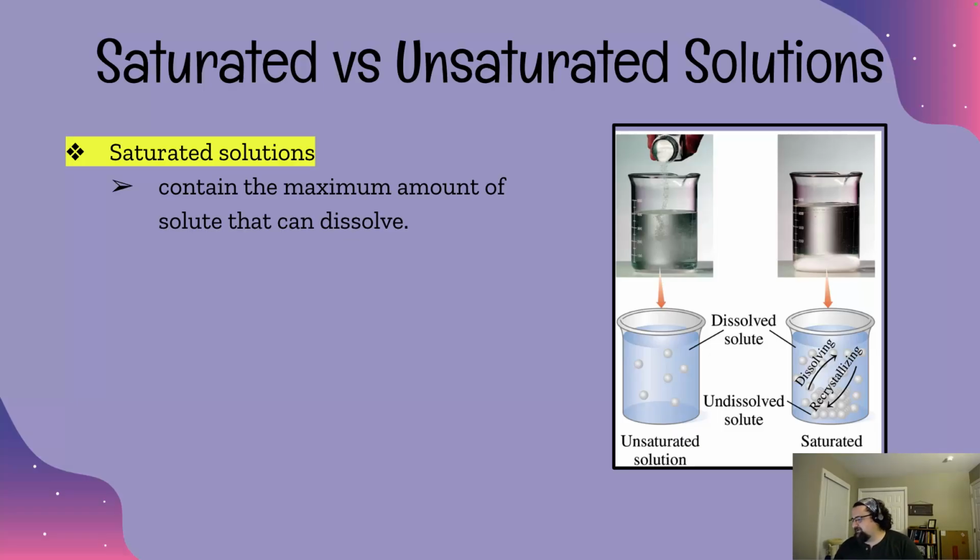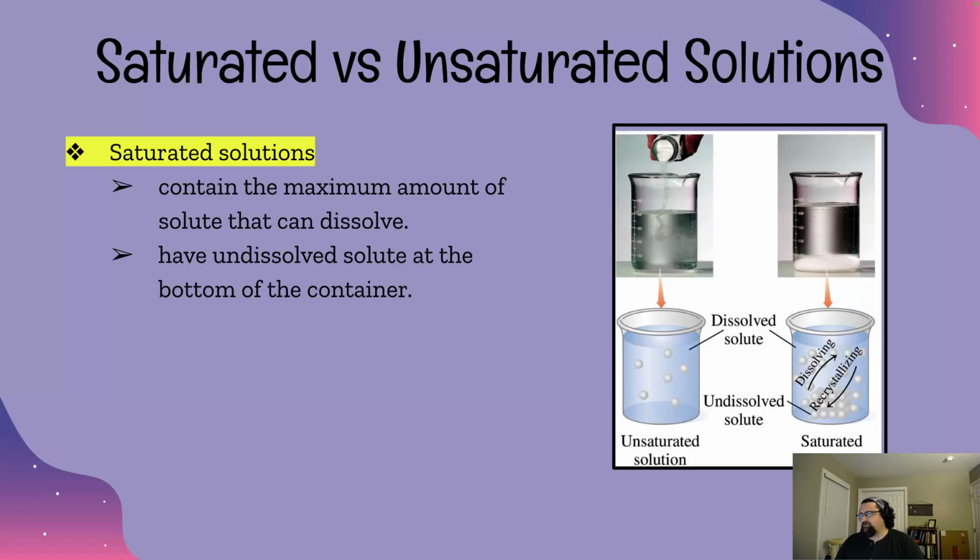It's settling down at the bottom. What's happening there is some of it is dissolving, but as it's dissolving, some of it is recrystallizing. So you get this movement where some is going into solution, some is coming out, but that's happening at the same rate.